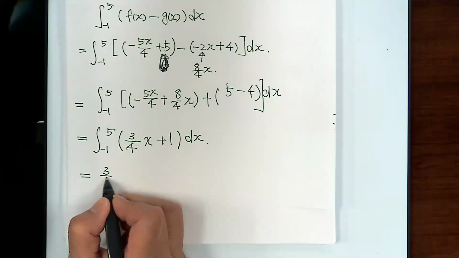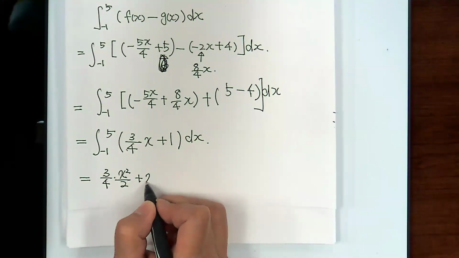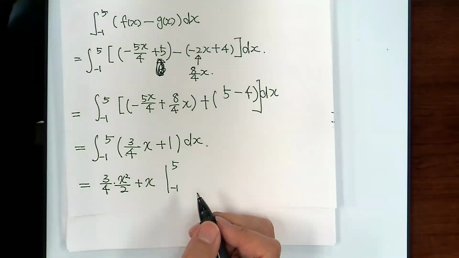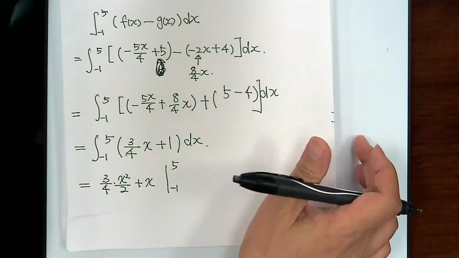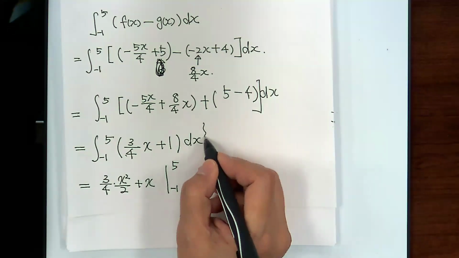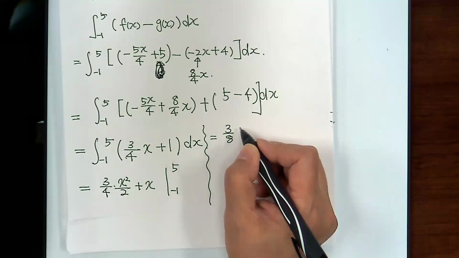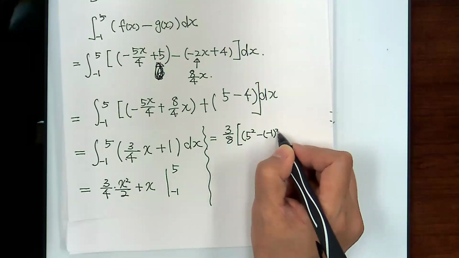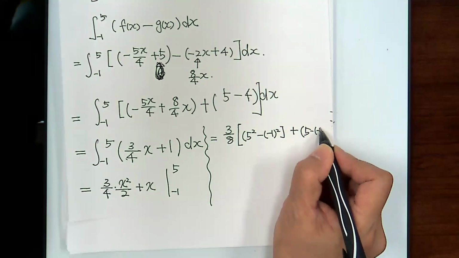So that is 3 over 4 times x squared over 2 plus x from minus 1 to 5. So that equals 3 over 8 times 5 squared minus 1 squared, plus 5 minus 1.